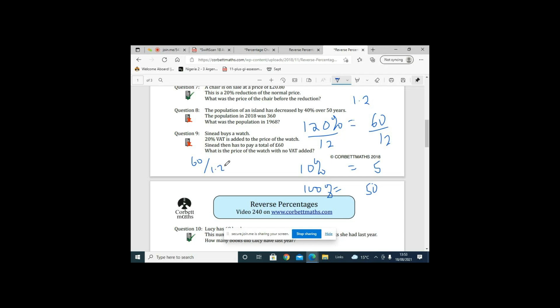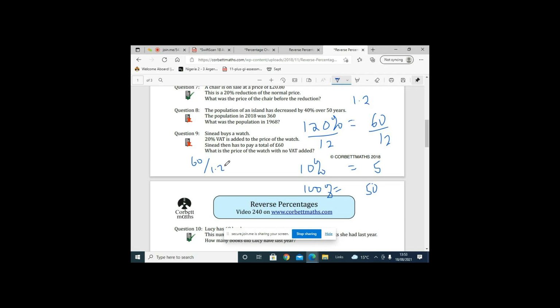This is another method. That's 50. 60 divided by 1.2 is 50.